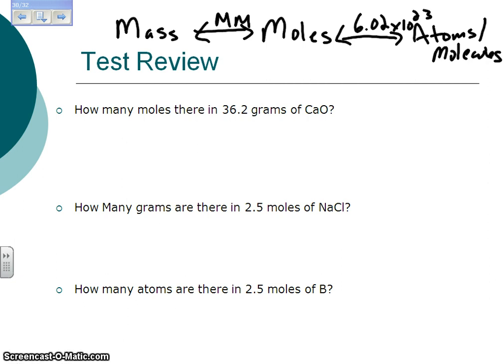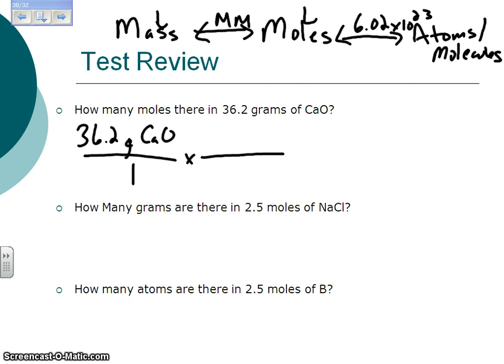Okay, so our starting point is 36.2 grams CaO. We're going to go to moles, so we're starting here, we're ending here. It's a one-step unit multiplier. We know that grams will be on the bottom, so grams will cancel out. We're going to moles, moles will be up top. And our final answer is going to be moles CaO.